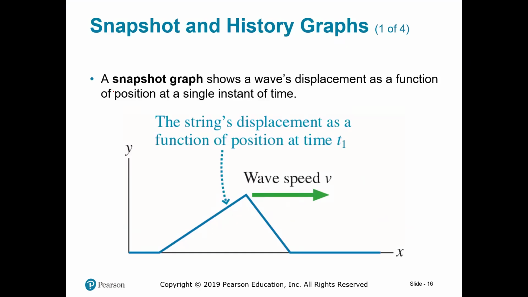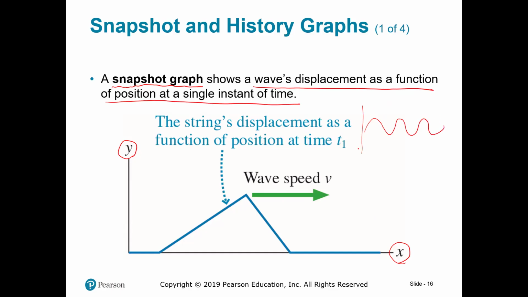Now I will introduce the snapshot graph. A snapshot graph shows a wave's displacement as a function of position at a single instant of time. So again, this is position versus position. It's like when you go to the beach and see waves in the ocean, and let's assume you take a photo.